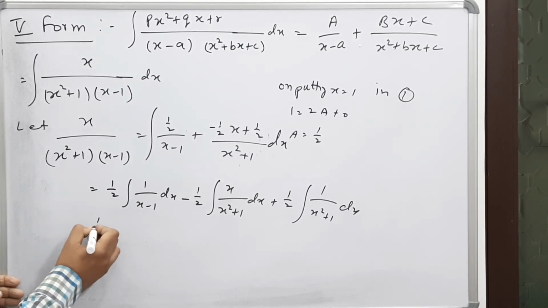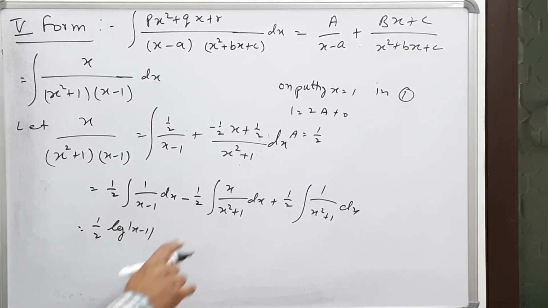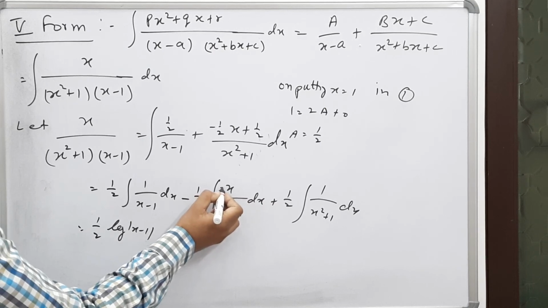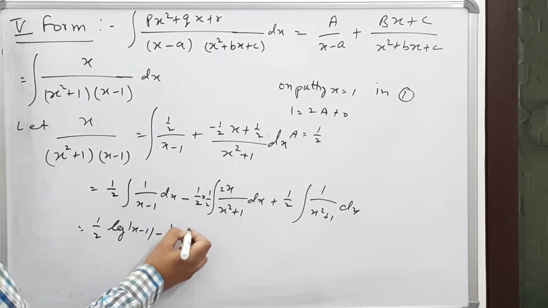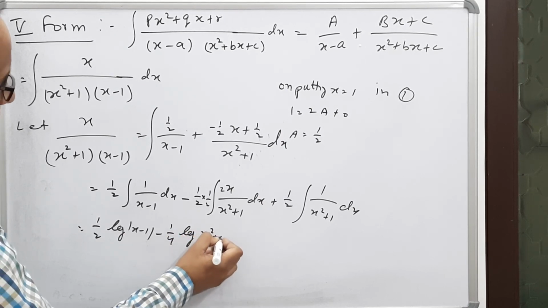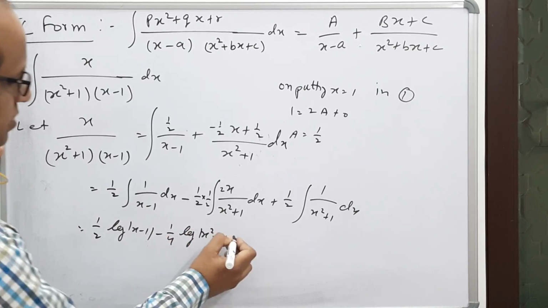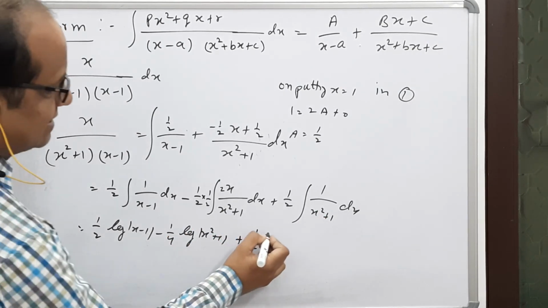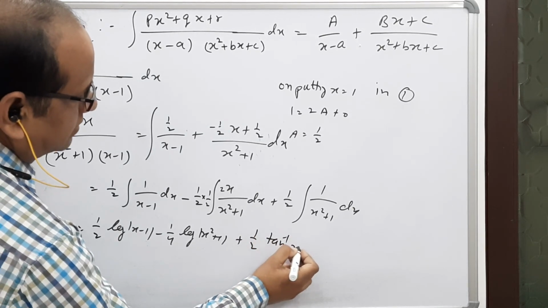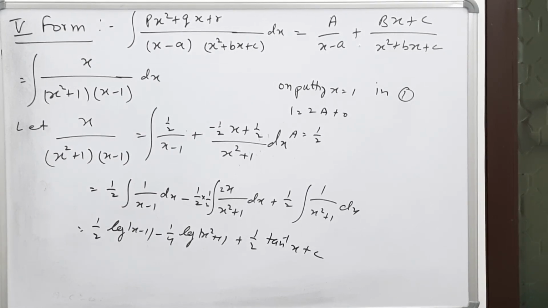So the integration of this is (1/2) log(x − 1). Here it is x², so multiply and divide by 2, so (1/4) log(x² + 1). It is not required to explain this step now, we have done a lot of sums. Plus 1/2, you see this part now, it is tan⁻¹x + c. So in this way we can get the answer for this particular sum.